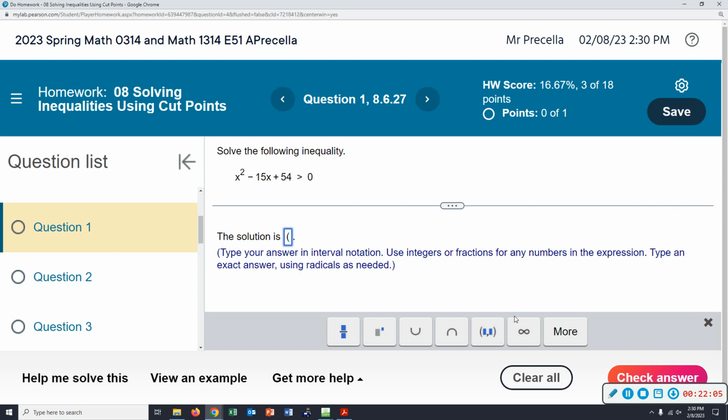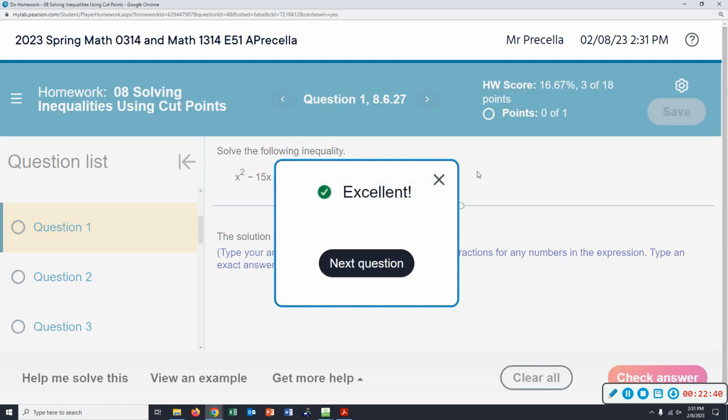If you want negative infinity, you have to type the negative from your keyboard and then click the infinity symbol, comma, 6, right parenthesis, union. Notice if you hover over that, it says union. This symbol beside it is set intersection. If you find yourself ever using that in this course, you're doing something wrong. And then left parenthesis, 9, comma, infinity, right parenthesis, check answer.